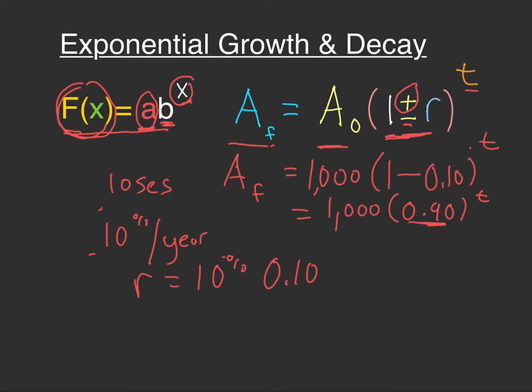When it was adding 10%, that factor came out to be 1.1, greater than 1. Now, when I'm losing money, it went down because I subtracted. Now it's less than 1. Now, quick note here, you'll never get anything lower than 0. In fact, you will never get 0. This parentheses here is never going to be 0, or negative.